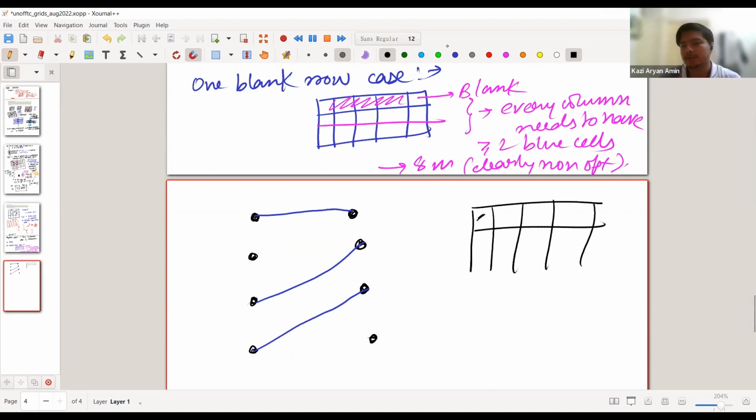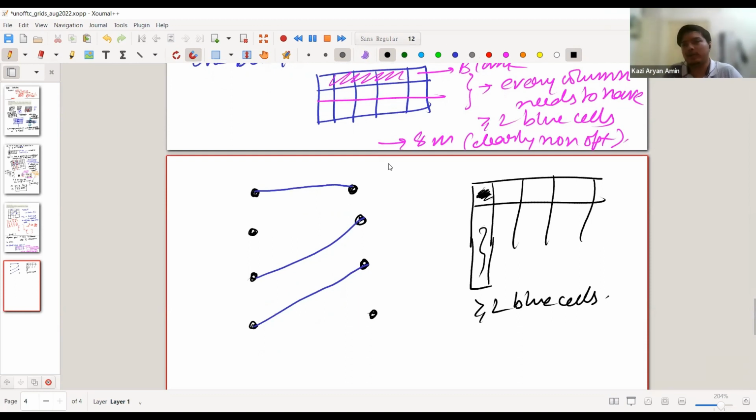This particular cell needs to have two blue cells in the same row or the same column as it, right? But the row it is in doesn't offer any blue cells, so it will have to get the blue cells from its column. But this cell once again isn't blue, so the rest of the column must have at least 2 blue cells, and this is true for the rest of the column. So this gives you 8.